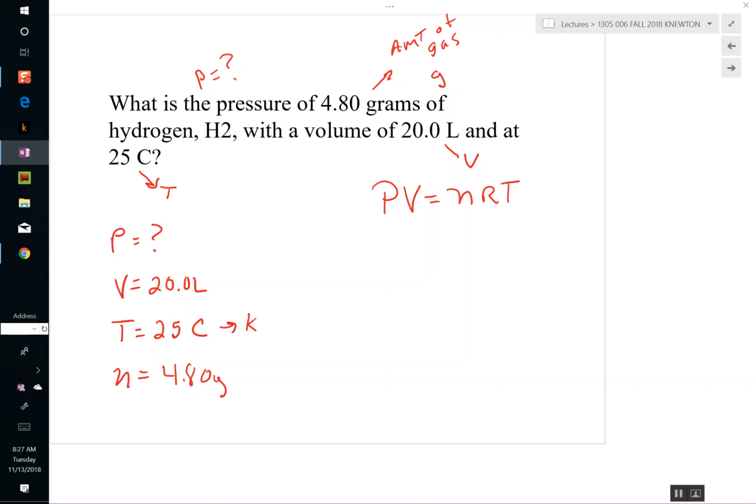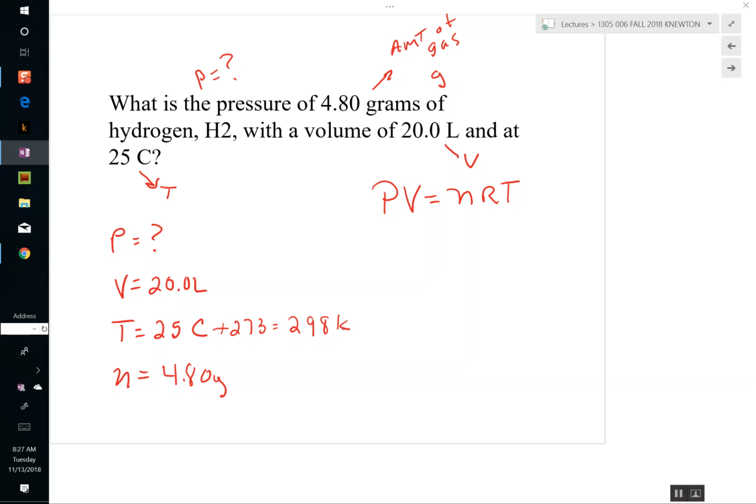I think this is just a trend. This is 6 grams. You can be hydrogen. How many moles is that? How many moles are in 4.8? All right, I want to give you this kind of a problem because I want you to see that sometimes the amount of the gas can be given to you in grams and not moles.